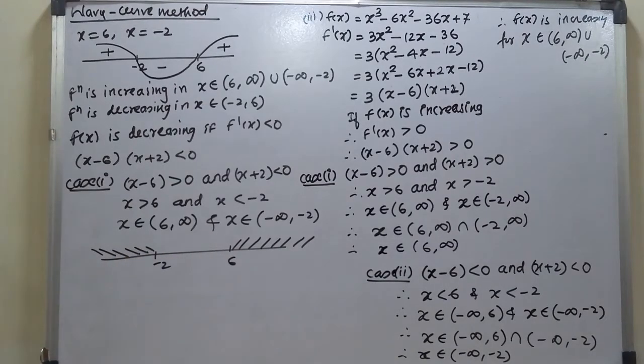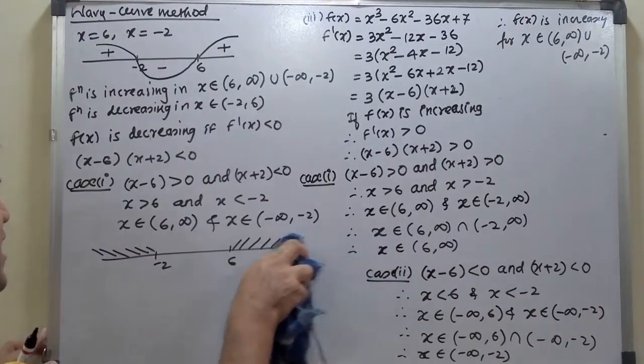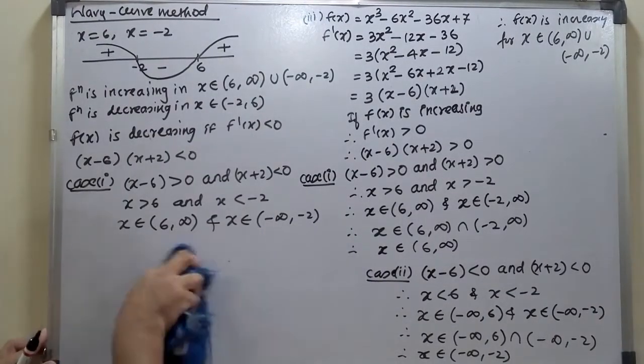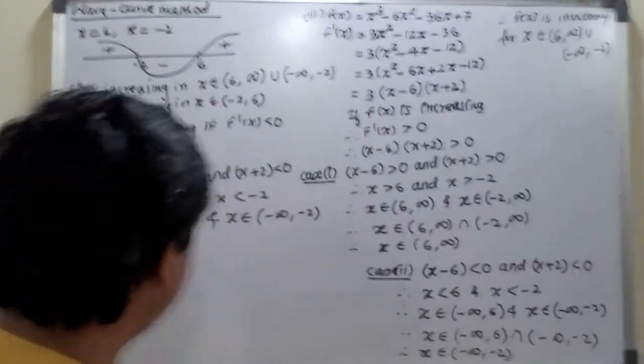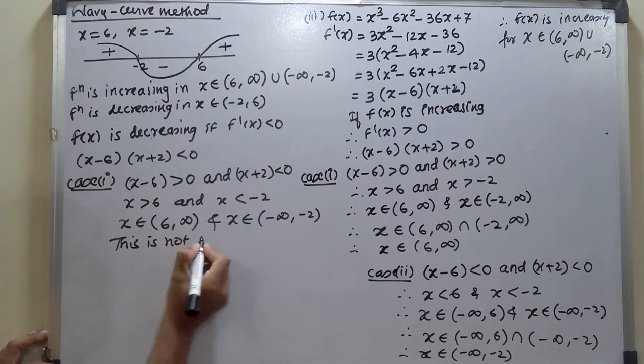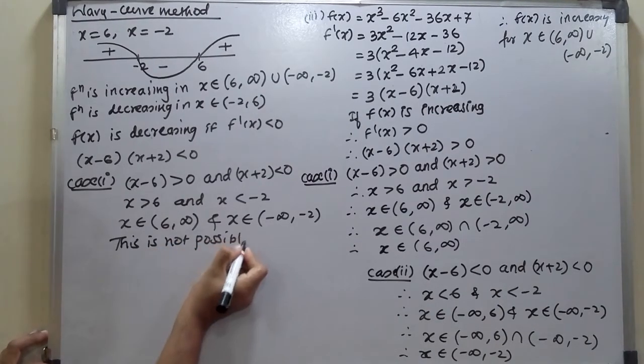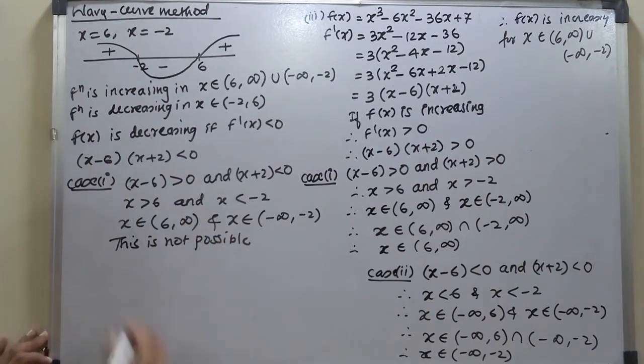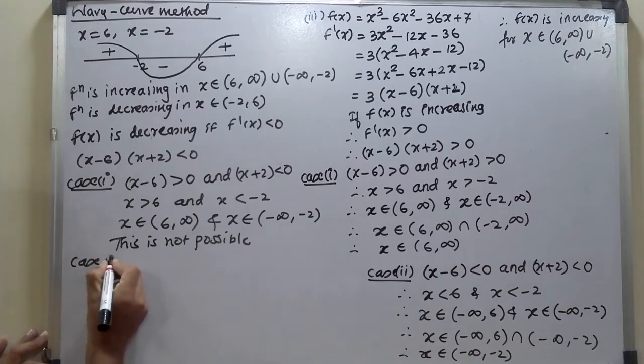Is there anything common? No. That means this is absurd. Whatever is there is absurd. That means this is not possible. So I will say here this is not possible.